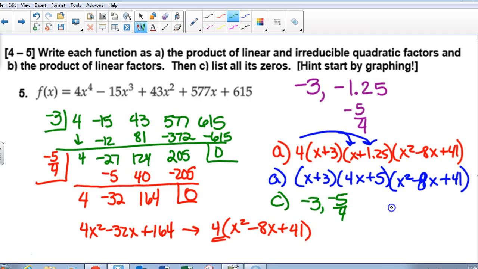Doesn't factor. Quadratic. Okay, you have a program. You go to Program, Enter, and then what are the A, B, and C, guys? 1, -8, and 41.